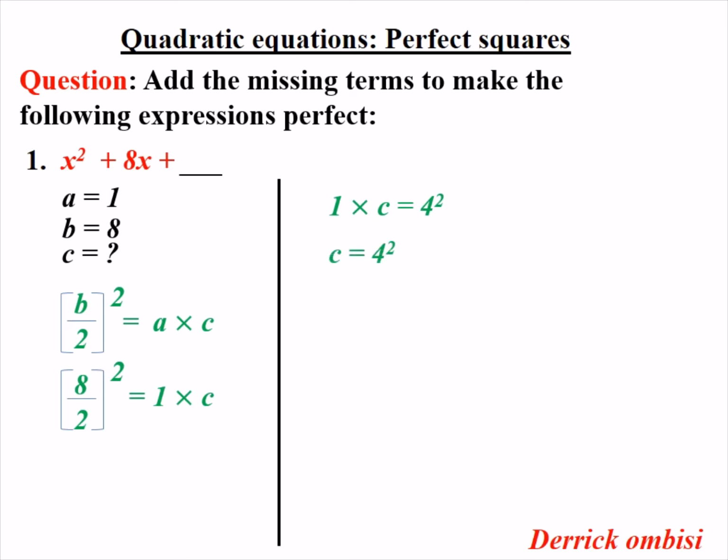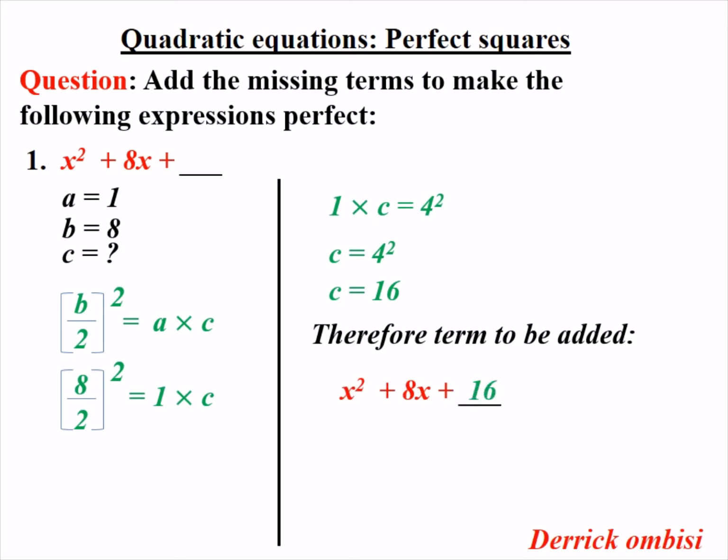So c equals 4 squared, and therefore c equals 16. The term to be added is c, and remember c is a constant, so the term to be added is 16. That's how you show that a certain quadratic expression is a perfect square.